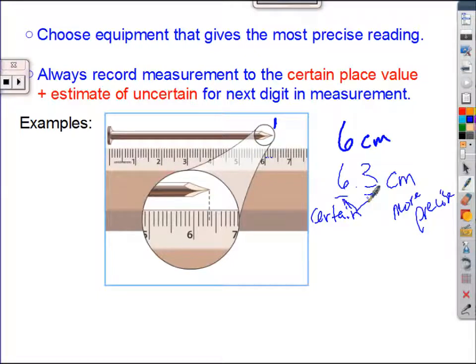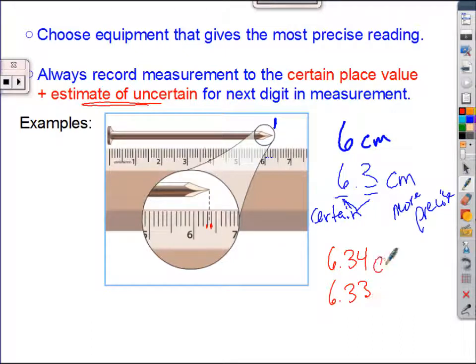I always want to measure to an uncertain value. That's what I highlighted up here in red. I always need to estimate an uncertainty. If I look at where it actually falls, it's really above the 3 but below the 4. Now this is where it's uncertain. Is it really 6.3, or is it 6.34, 6.33? I don't know for sure.